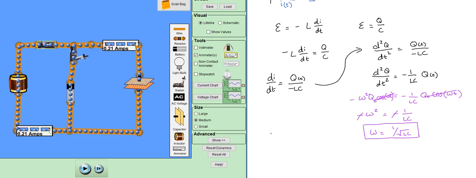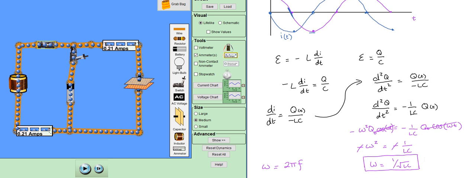If we wanted to convert the angular frequency into just a regular old frequency here, we could do this, right? And so we could calculate the frequency in terms of hertz, or how many cycles occur every second.